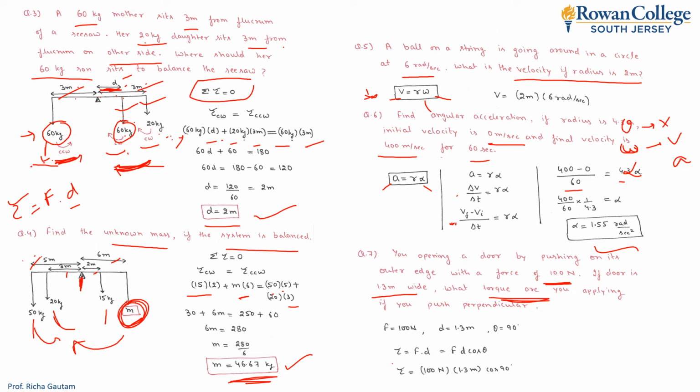Torque is equal to F dot D, the dot product of force and distance, and the dot product is F D cosine theta. The force given is 100 Newton. The distance is 1.3, and since theta is 90 degrees, cosine of 90 will be 1, and you will get torque equals 130 Newton meter.